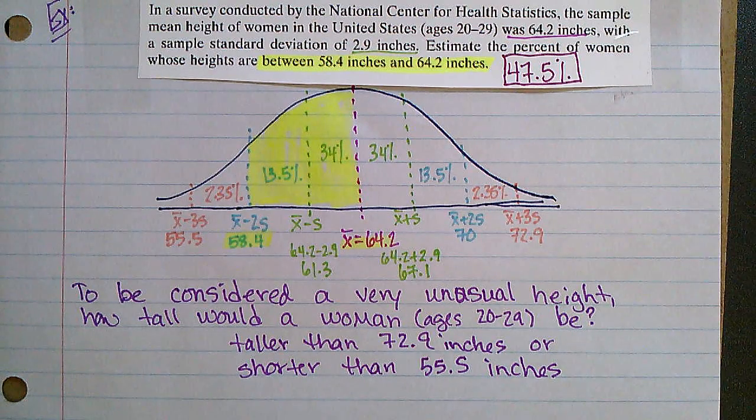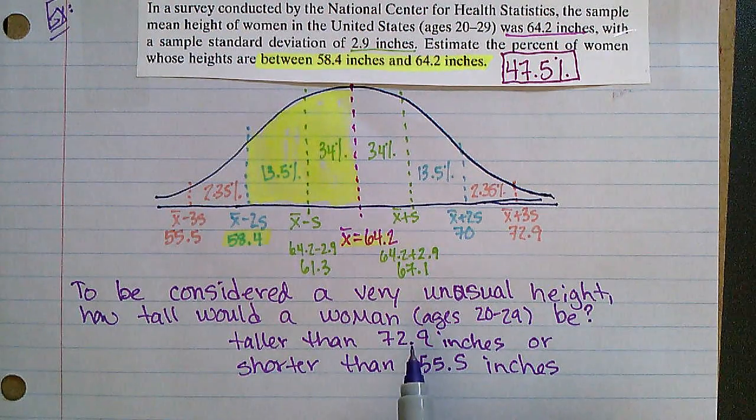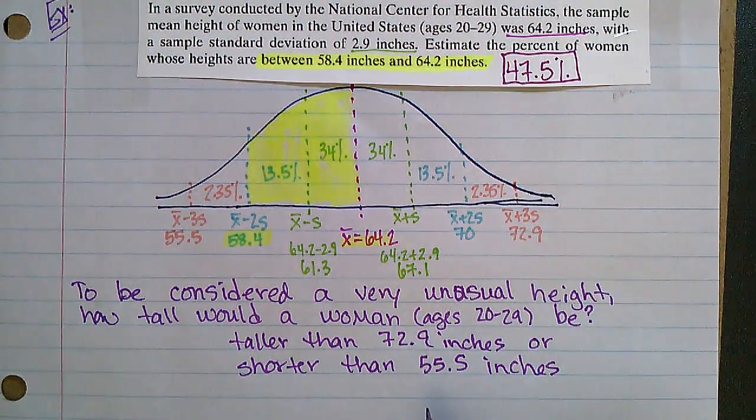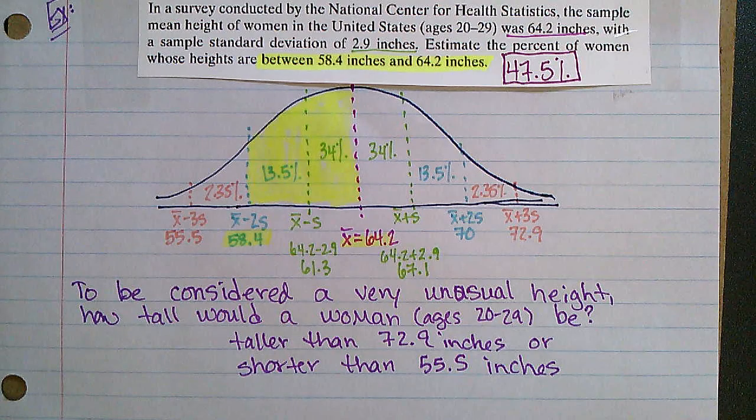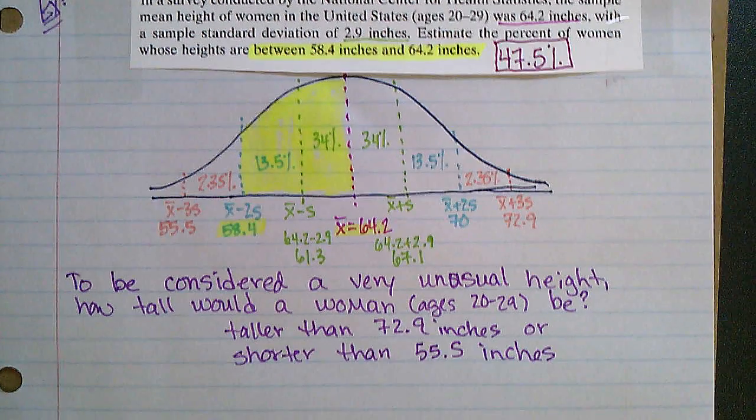That's like 4 feet, 7.5 inches. And 72.9 would be 6'1" almost. So if you're taller than about 6'1" or shorter than about 4'7.5", then you are considered a very unusual height for ages 20 to 29.